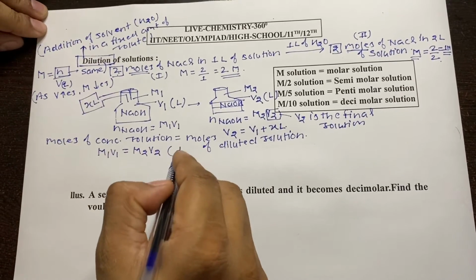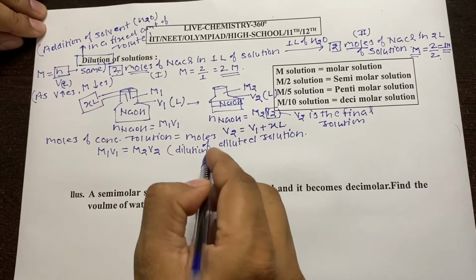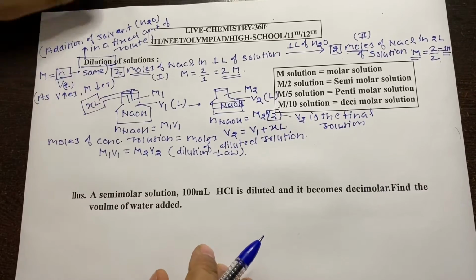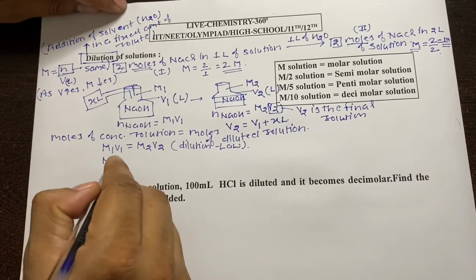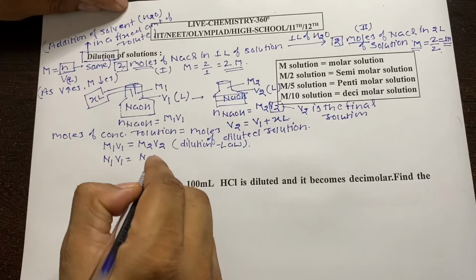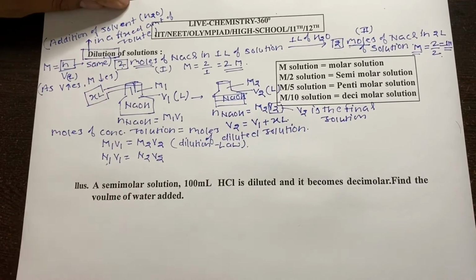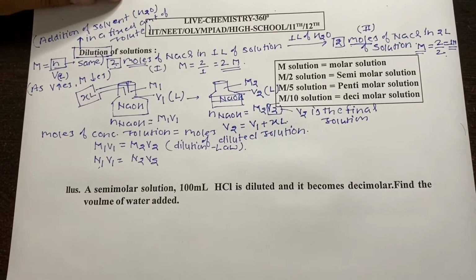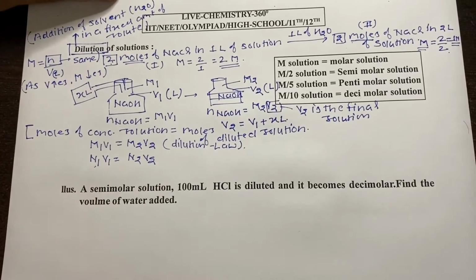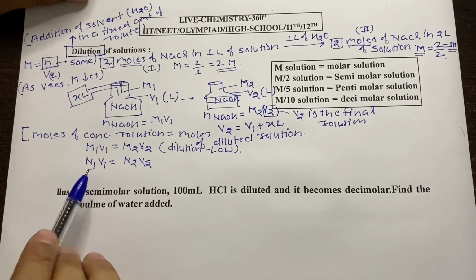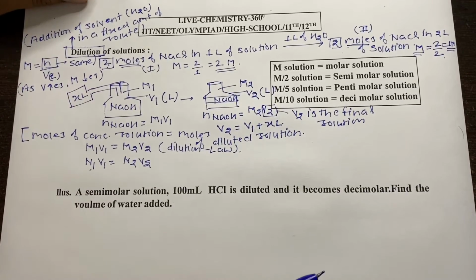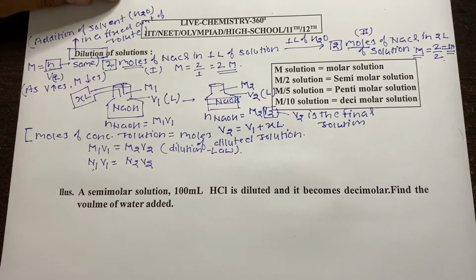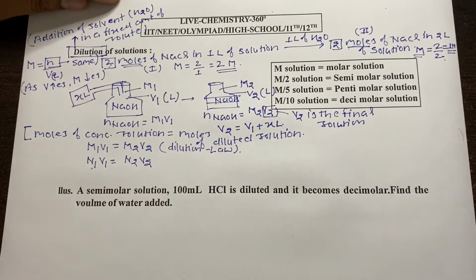This is called the dilution law. In the case of normality, we can write the same relation as N1V1 equals N2V2, where N1V1 and N2V2 represent the equivalents of the substance. So with respect to dilution, moles as well as equivalents of the substance remain constant. So this is the dilution law. Using this we can solve many problems based on dilution.